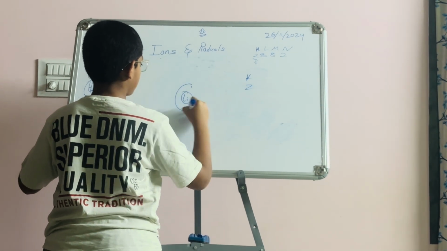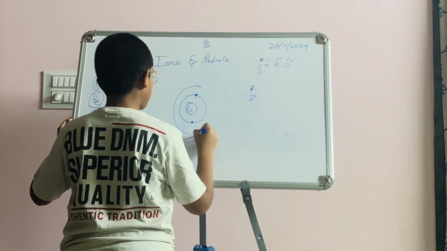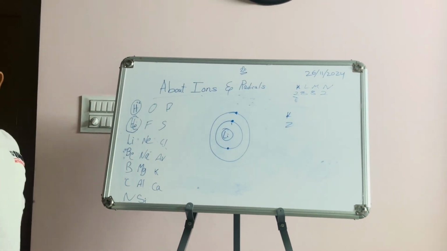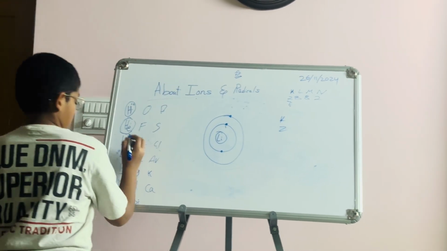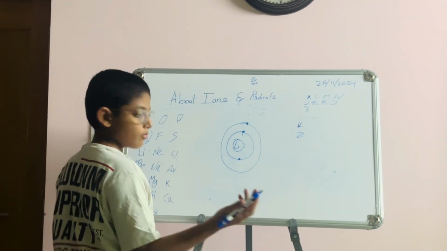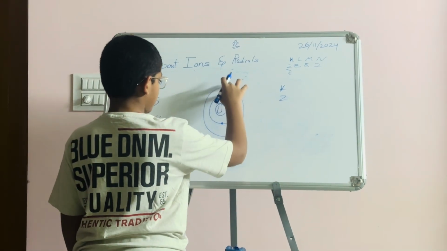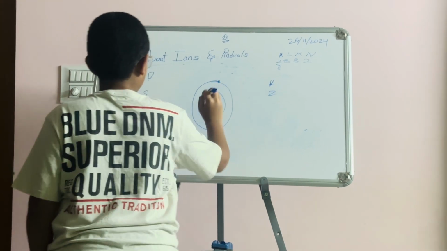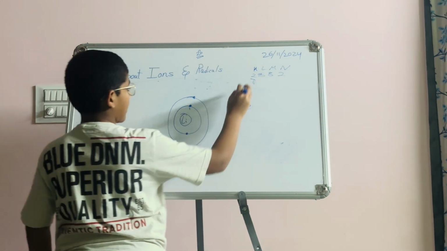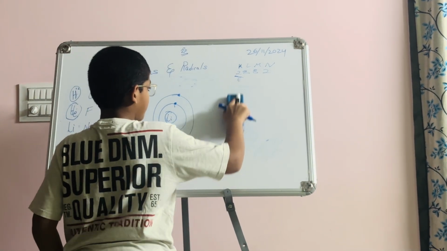This is the nucleus with 1 and 2, and in the outermost shell it has the third one. It has atomic number 3, Z equals 3, so it has three protons, which equals 3 electrons.